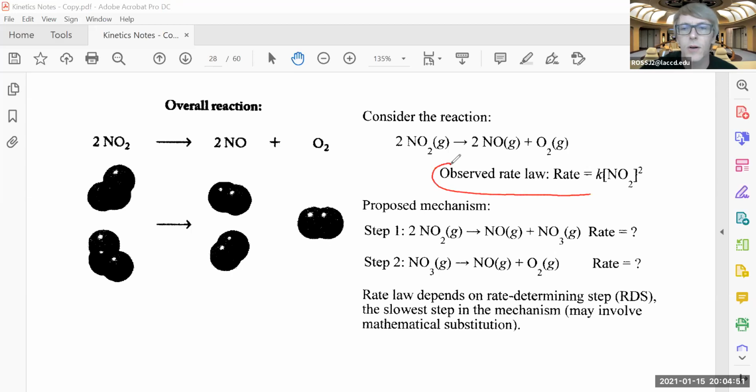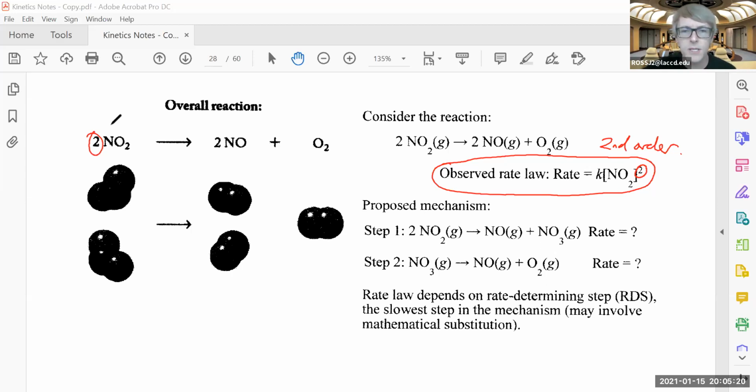So the rate law is second order in nitrogen dioxide. Now, caution, this exponent 2 here has got absolutely nothing to do with this molar coefficient. There's no link whatsoever. It's just coincidentally the same number.